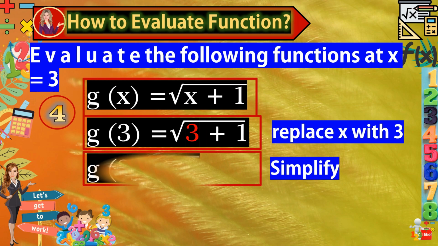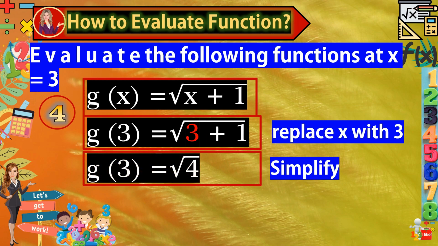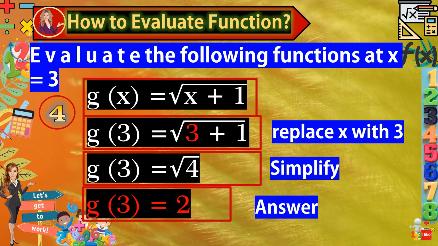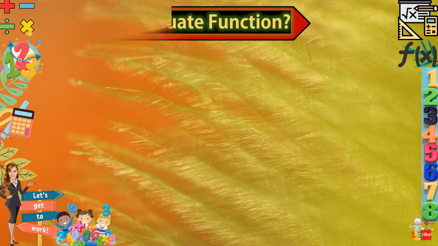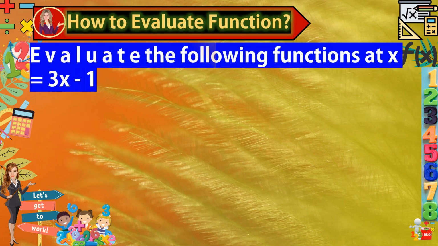Simplify it, we have now 3 plus 1, so g of 3 is the square root of 4. Square root of 4 is equal to 2. Thus, g of 3 is equal to 2, our final answer.